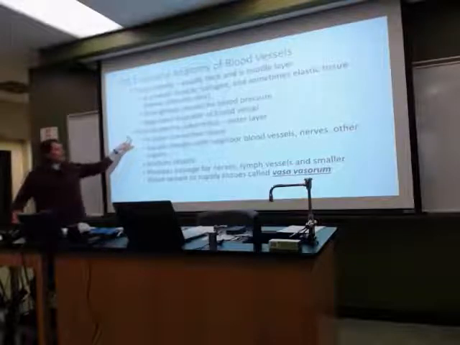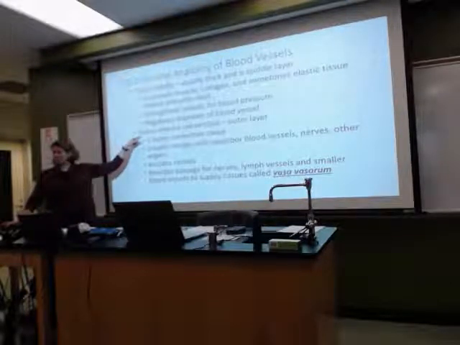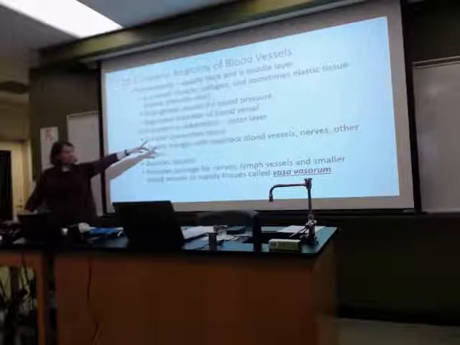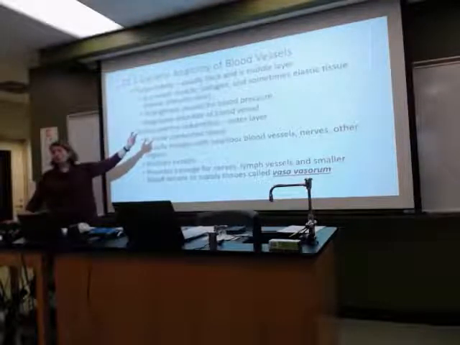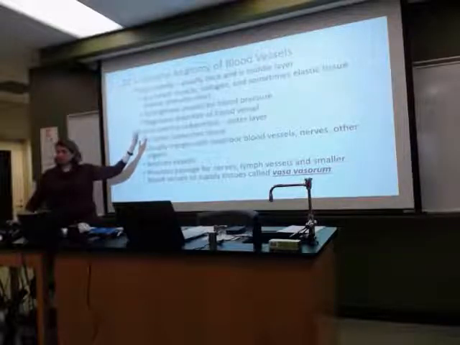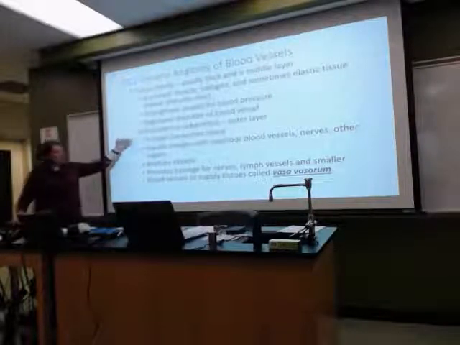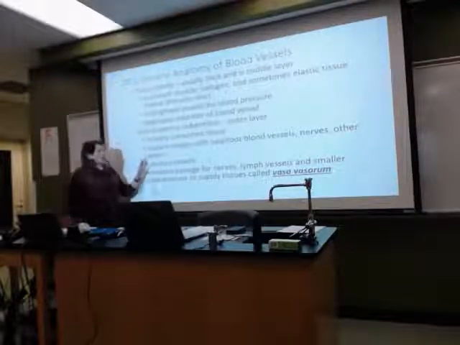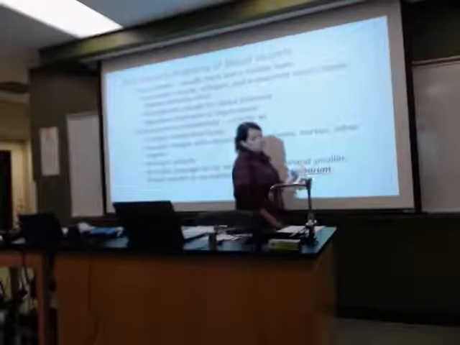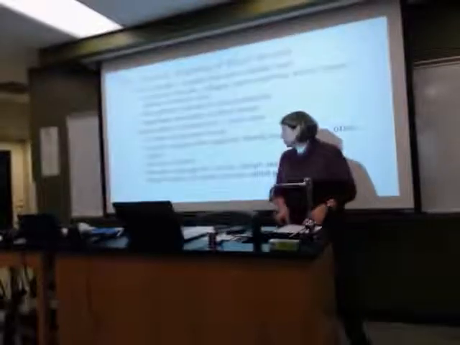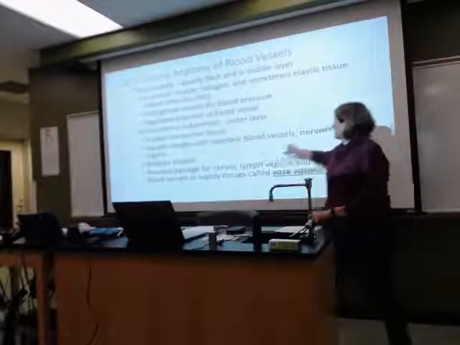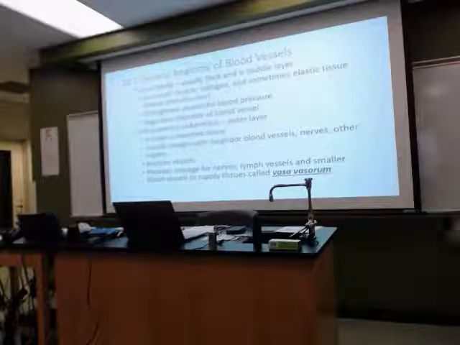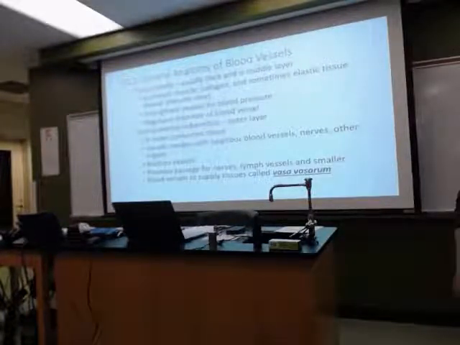Now, the external layer, okay, the outer tunic, also known as adventitia. I don't know why. I've never looked, okay. This one, loose connective tissue, it's going to most likely merge with neighboring blood vessels, nerves, and other organs.